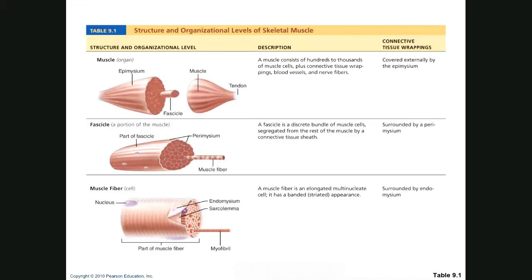And this is showing the different layers from the outside: epimysium, a little fascicle wrapped by the perimysium, the muscle fiber surrounded by the endomysium, and then as they pull out the layers, you have your sarcolemma around that, which is a cell membrane, and then bundles and bundles of these long myofibrils.